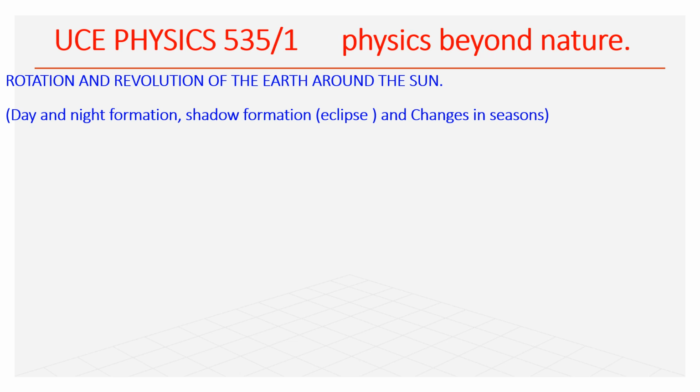On the other hand, revolution of the Earth around the Sun is the one that causes seasons to change: winter, summer, spring, etc. And there are majorly four seasons that we shall discover in this tutorial.